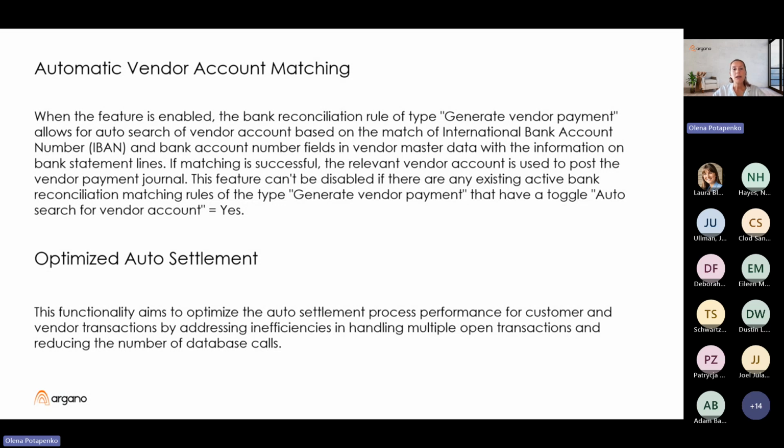And then if, for example, you create matching rules with this type, there will be an available option, automatic vendor account matching.